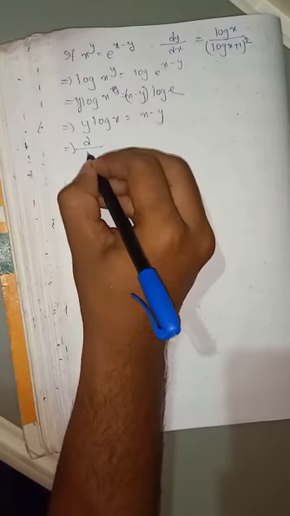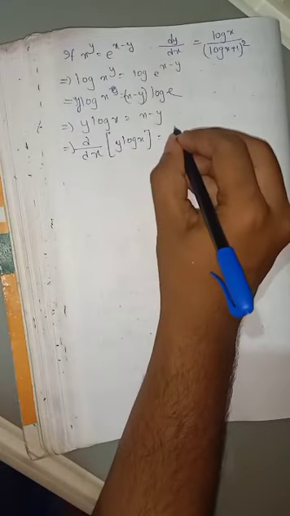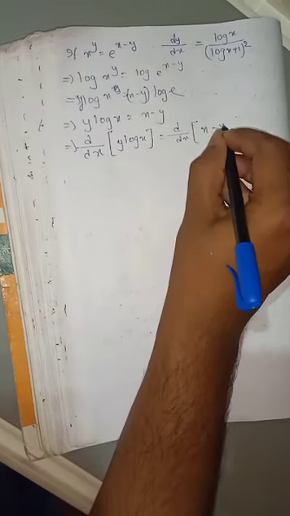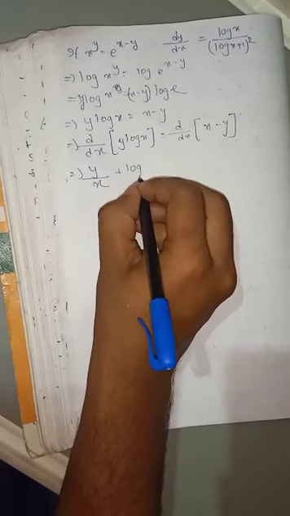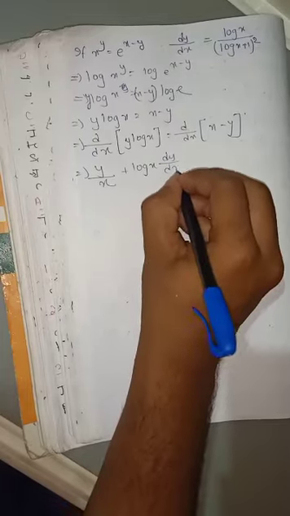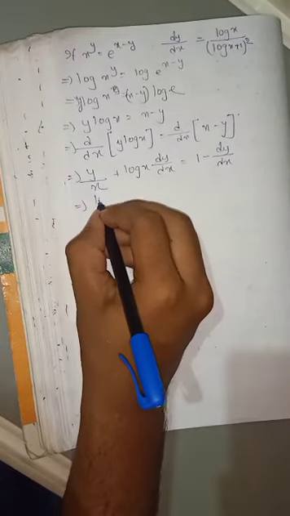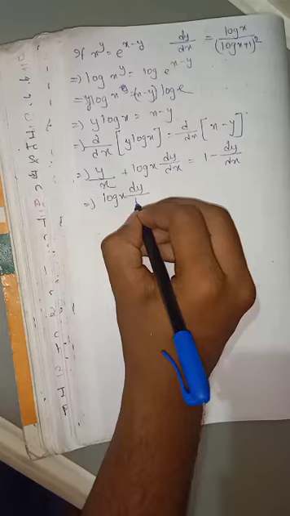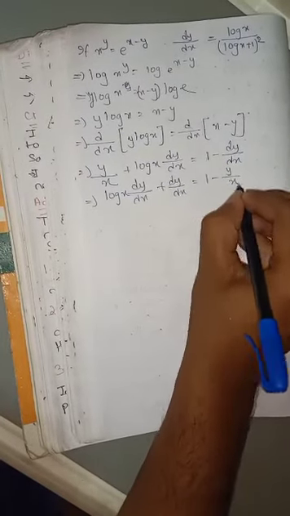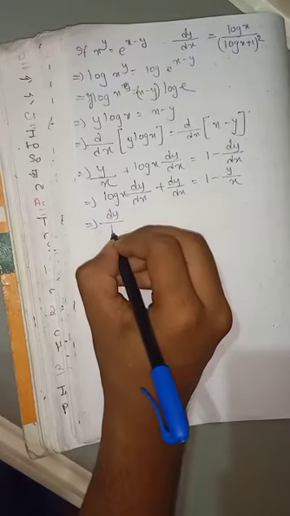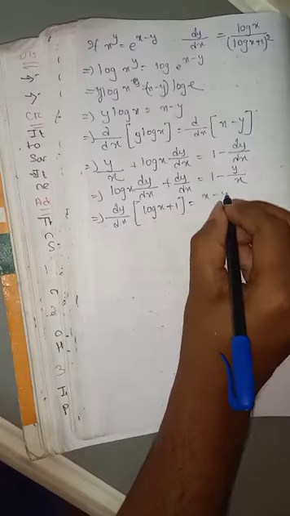So differentiating both sides with respect to x, you get d by dx of y log x is equal to d by dx of x minus y. Derivative of y log x is y by x plus log x dy by dx, and 1 minus dy by dx. So log x dy by dx plus dy by dx is 1 minus y by x. So dy by dx take common: (log x plus 1) dy by dx is (x minus y) by x.